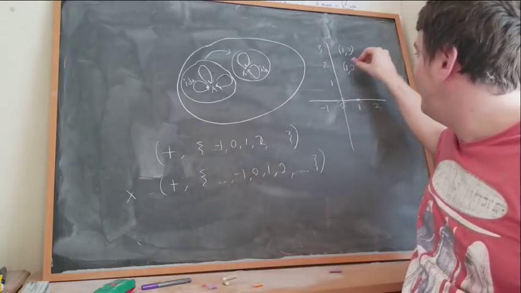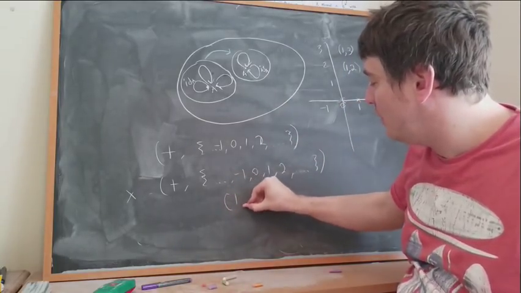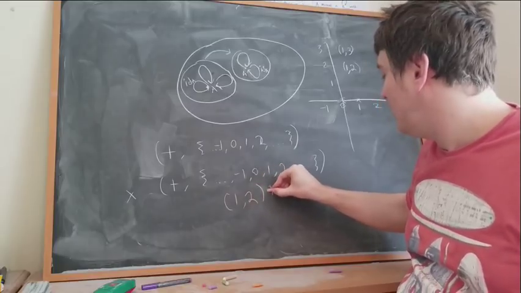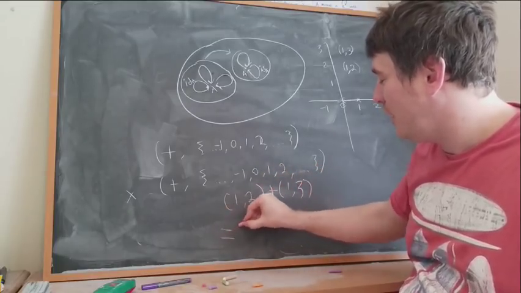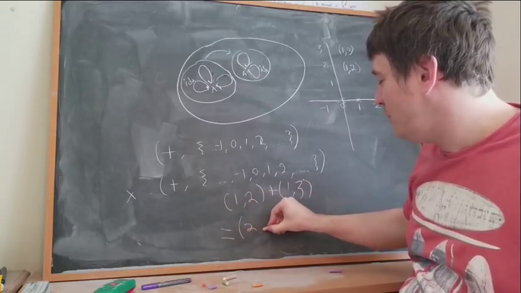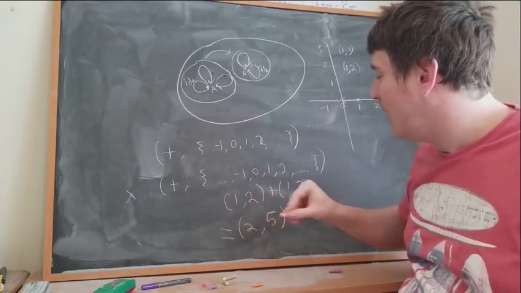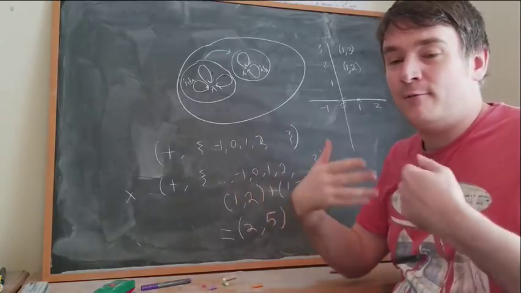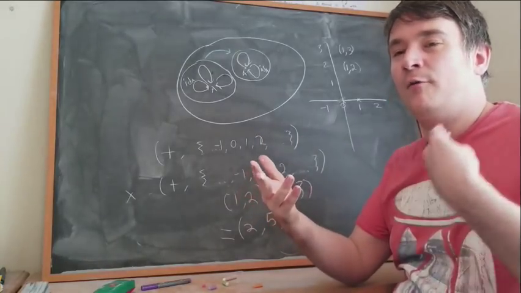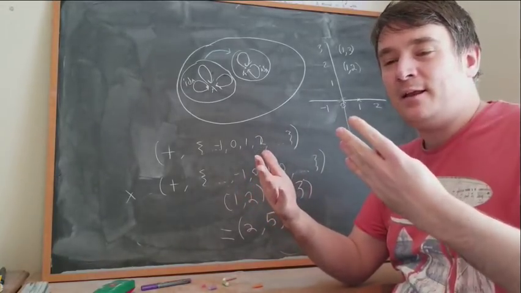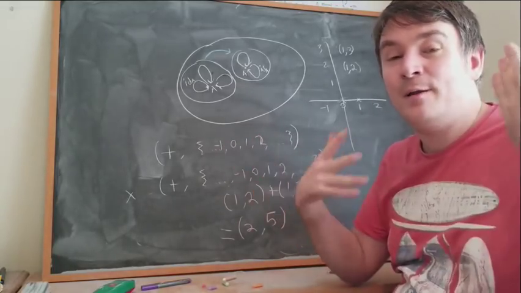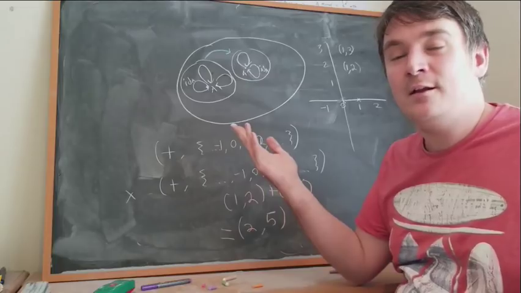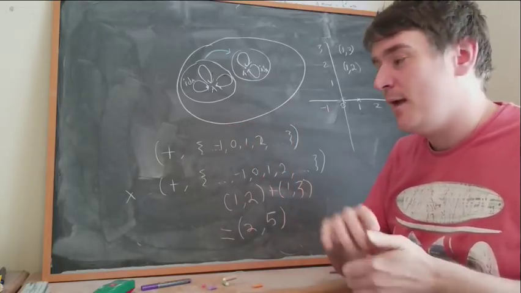So for example, (1, 2) plus (1, 3), can you guess? It's going to be (2, 5). Okay, so we get this very natural notion of taking the product of two monoids, which is exactly how people defined it before they knew about category theory.